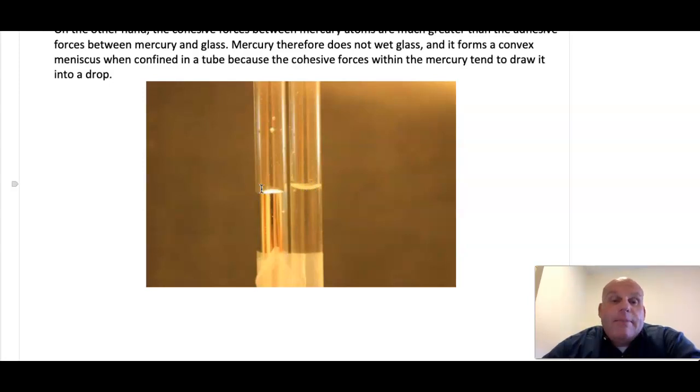You see just the opposite effect in mercury. Mercury is concave up here, because the adhesive forces between the mercury molecules and the glass are smaller than the cohesive forces of attraction between all the different mercury molecules. I think that example shows best the difference between cohesive and adhesive forces and what will happen when one is stronger than the other.